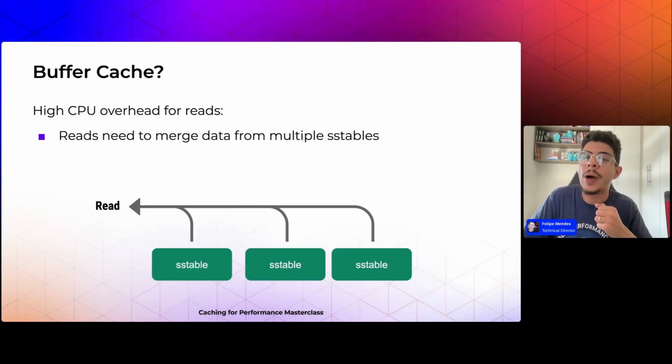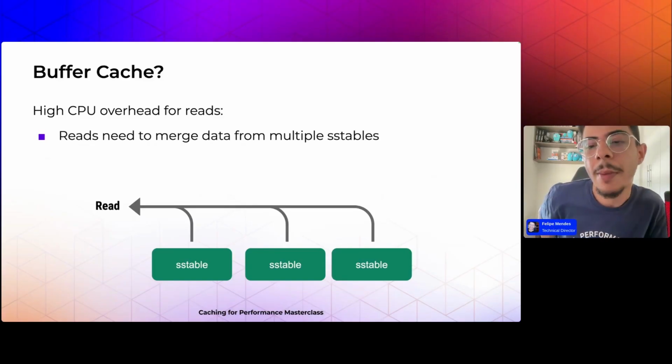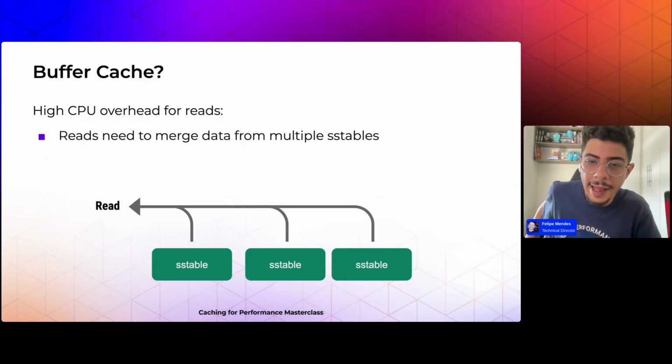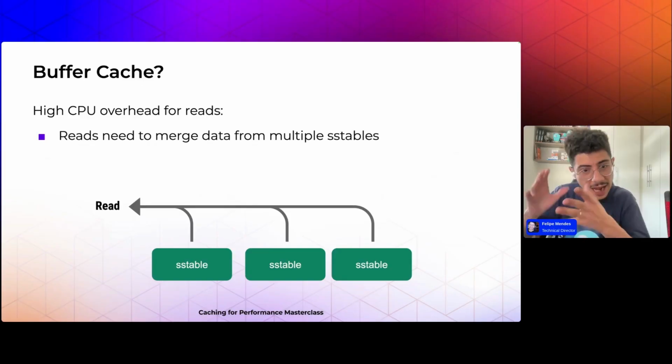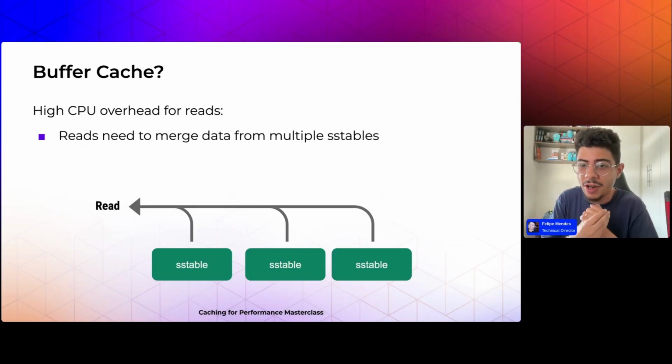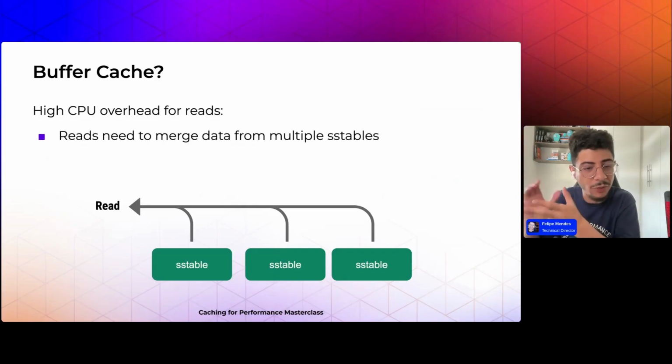Another reason not to use the Linux page cache is that it also introduces lots of CPU overhead. Think about it this way: databases are made to persist your data. And the SS table format that is stored on disk is optimized for saving disk space, not really for read speed.